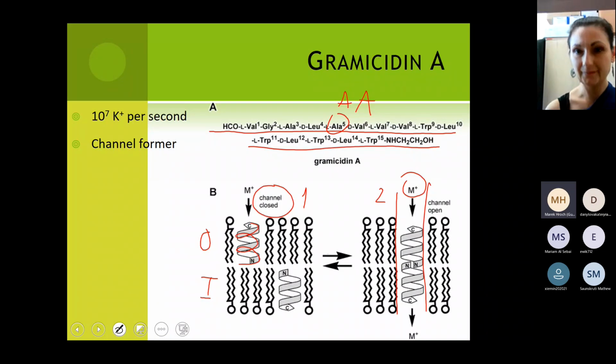May I have a question? Yes. What causes the shift in the two layers? That's a clever question. I expected that question. There are two ways to change the conformation of these two parts.